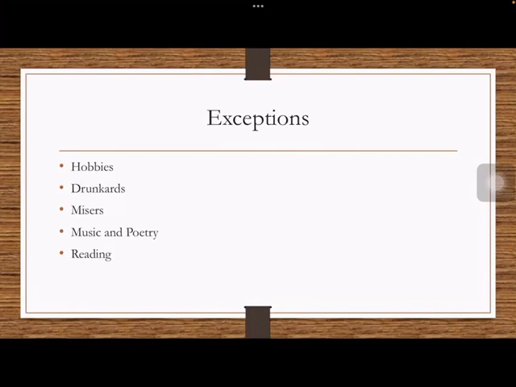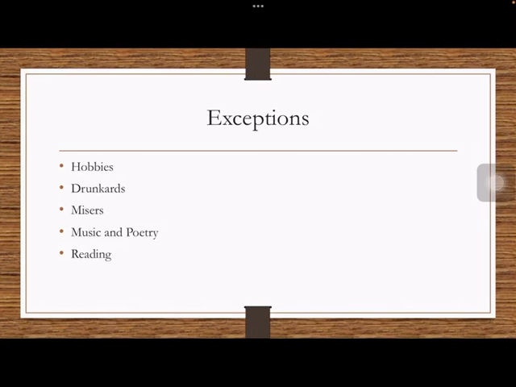And in the case of music and poetry, this law is not applicable. If you are reading different interesting poetry, the law of diminishing marginal utility will not work, meaning MU will not fall. In the case of reading good books, interesting books, story books, the marginal utility does not fall. So these are some exceptions.